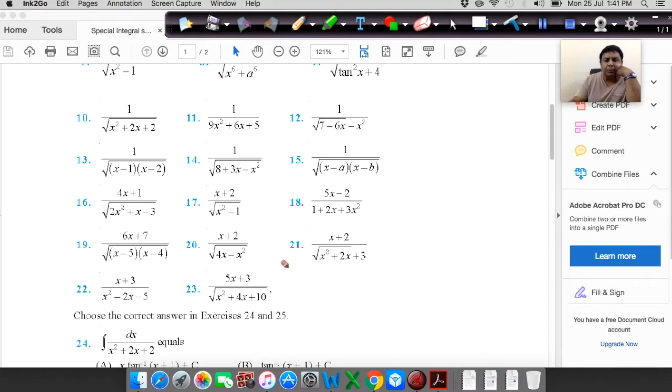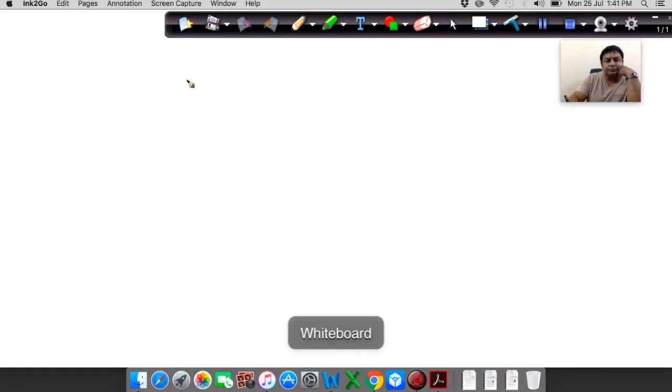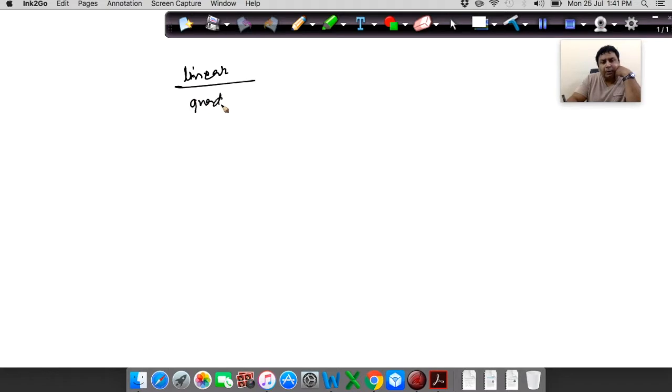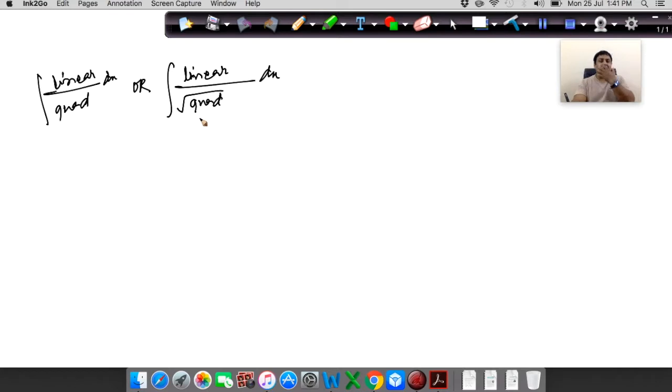In linear upon quadratic, see, these are all linear upon quadratic, or linear upon root quadratic.